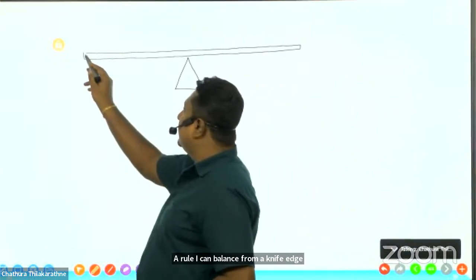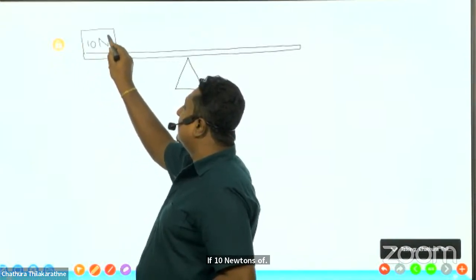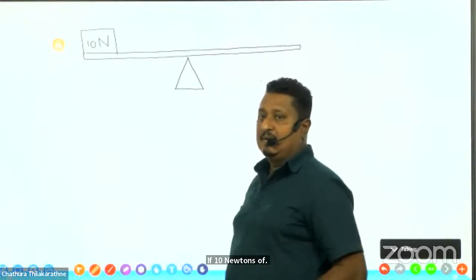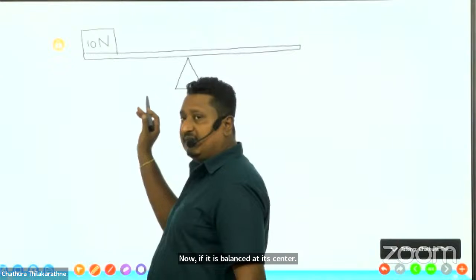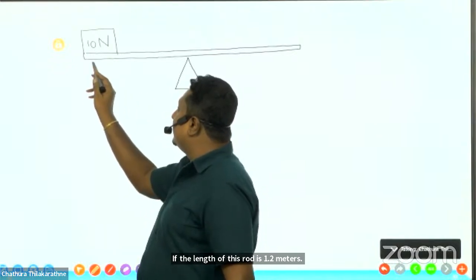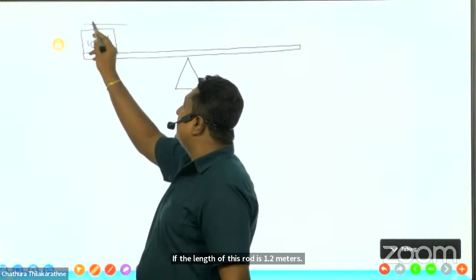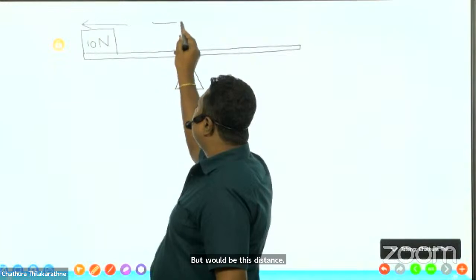If 10 newtons of force is kept at one end, and it is balanced at its center, if the length of this rod is 1.2 meters, what would be this distance? Distance from this object to the axis of rotation.